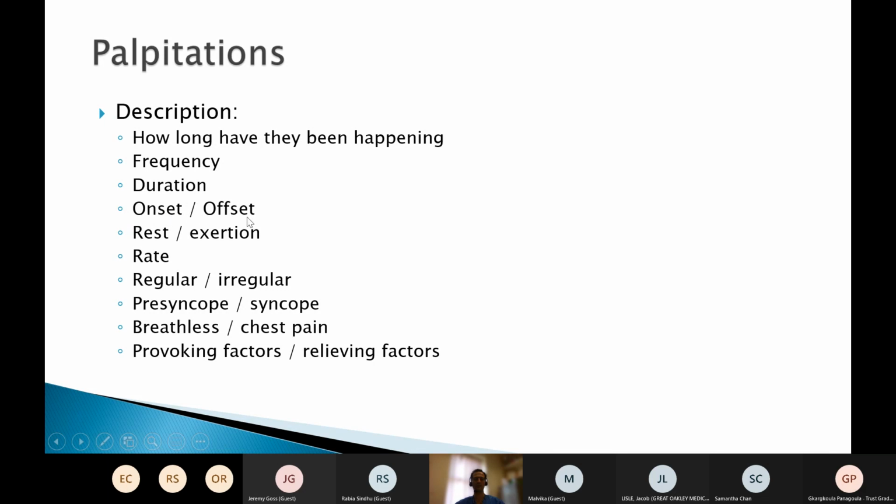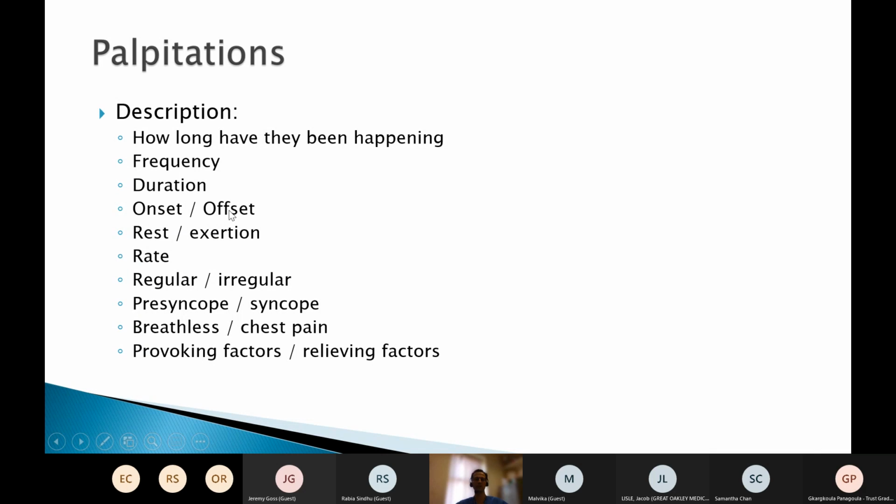But offset, if that is a sudden offset, that can be very helpful because that would suggest a pathological cause. So atrial fibrillation can seem to go away gradually, but if it's a supraventricular tachycardia caused by something like an AVNRT or an AVRT, Wolff-Parkinson-White, that tends to have a sudden offset.